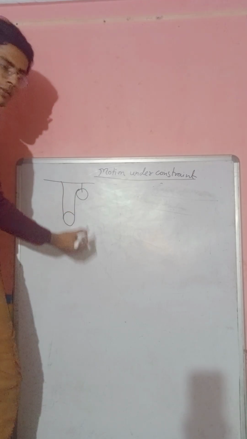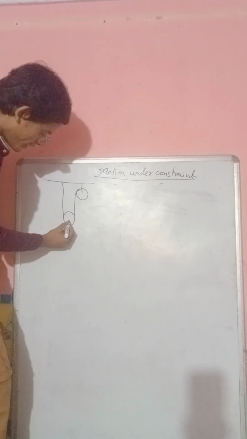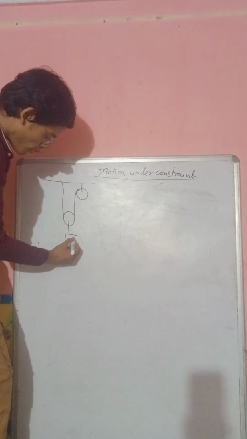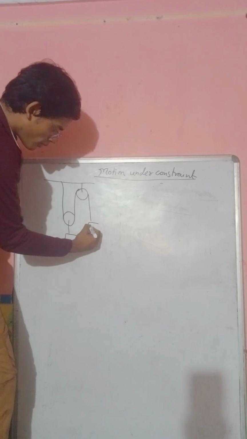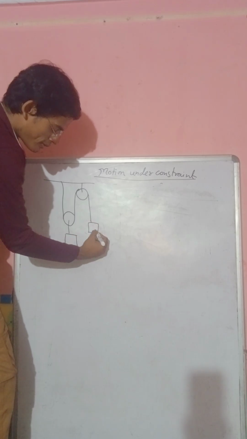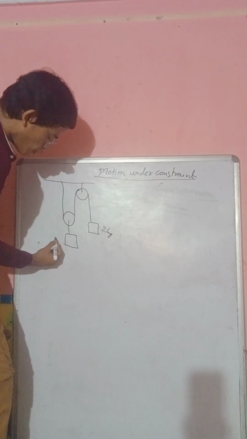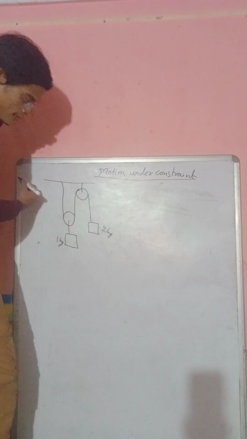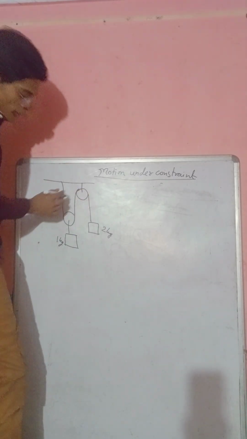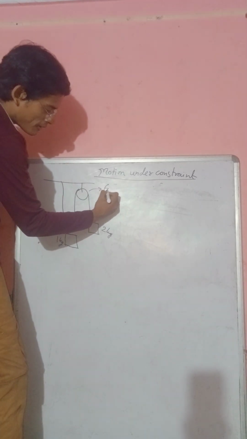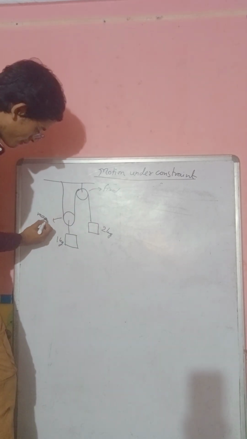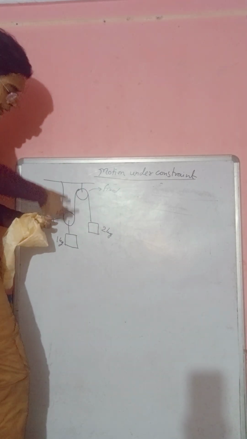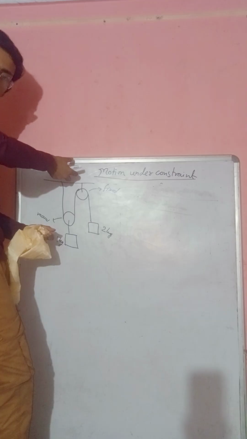Like this, and here one block is attached, and from here another block is attached. Suppose this mass is 2 kg and this mass is 1 kg. Clear? Now this pulley is the fixed pulley, and this pulley is the movable pulley, because it can move in any direction, upward or downward.